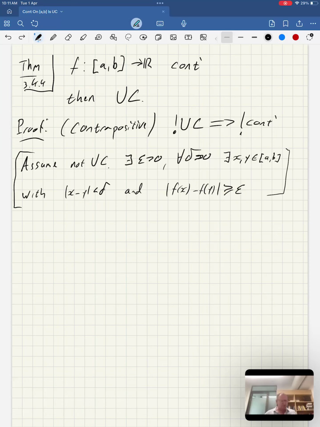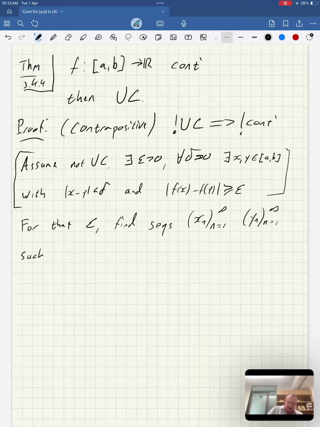Okay. So since there is such an epsilon, then for that epsilon we have sequences. Let's denote them as x_n, n from 1 to infinity, and y_n, n from 1 to infinity, such that |x_n - y_n| is less than 1/n.